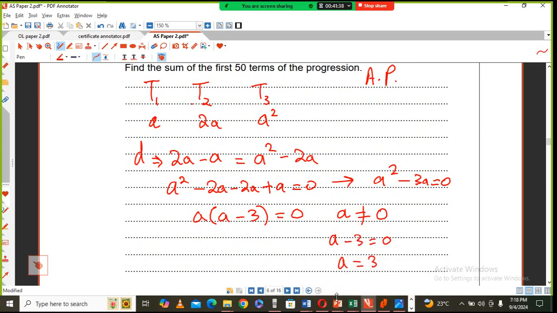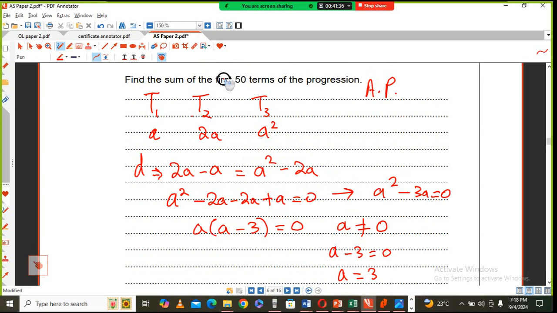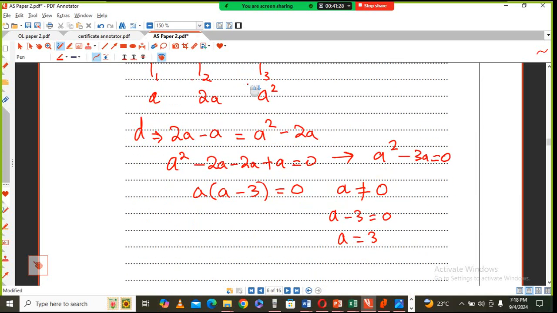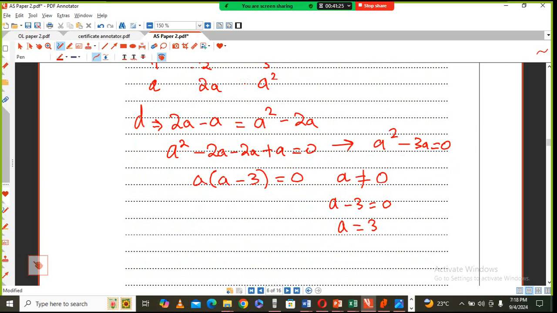Now that you know the value of A, you can do a few calculations. They ask us to find the sum of the first 50 terms. So the sum of the first 50 terms is 50 divided by 2, then 2a, but a is 3, and then continue with the rest.